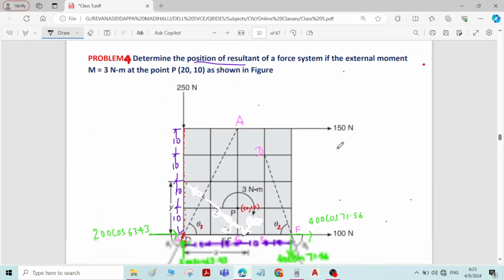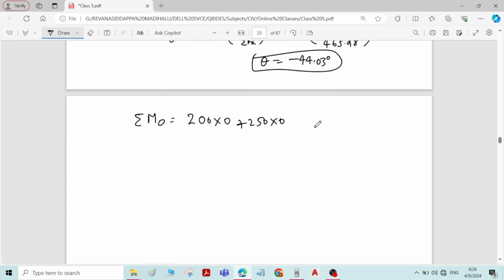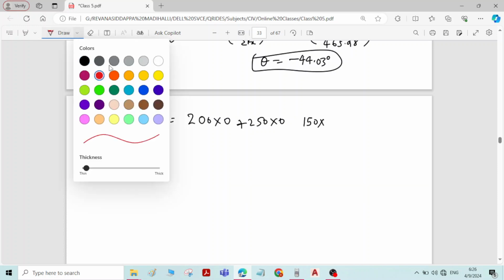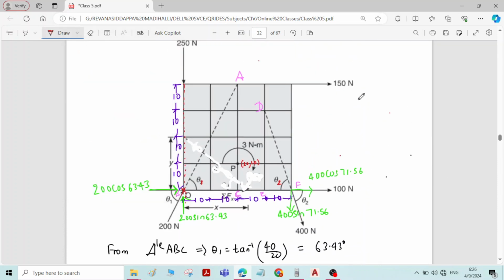Then we will take moment of 150 Newton force. 150 into the perpendicular distance. You just draw the line of action of the force. This is the line of action of the 150 Newton force. We have the point O here.